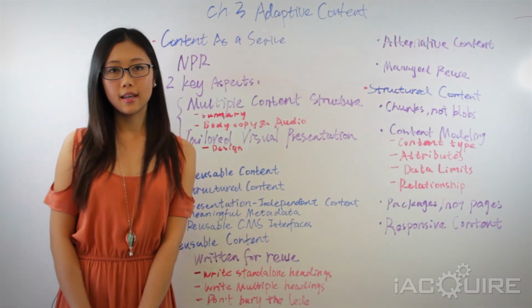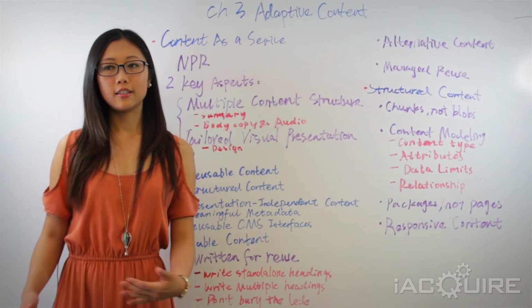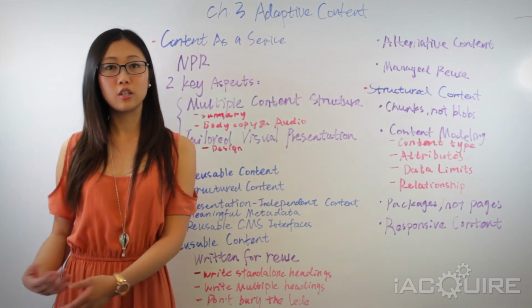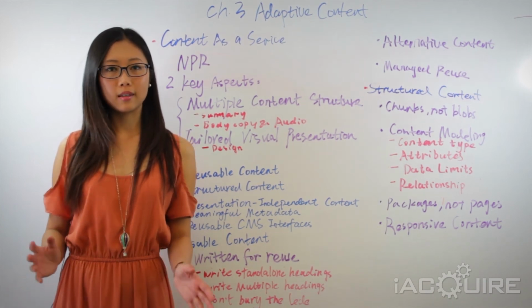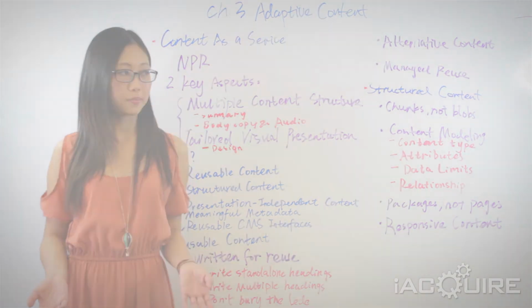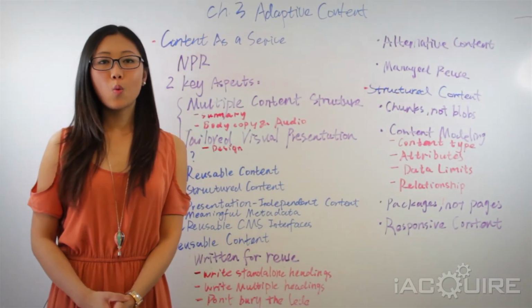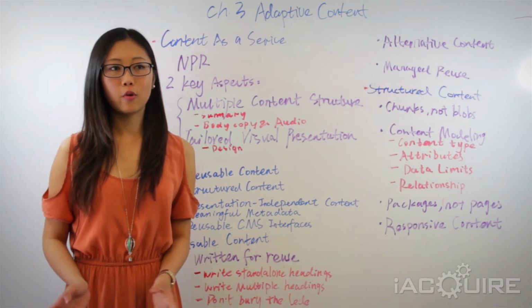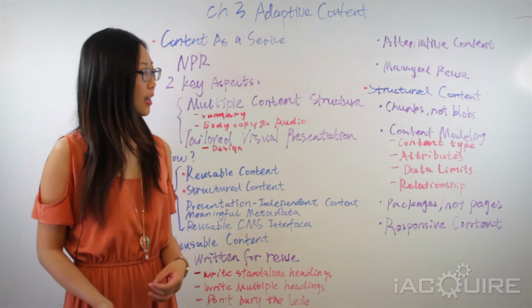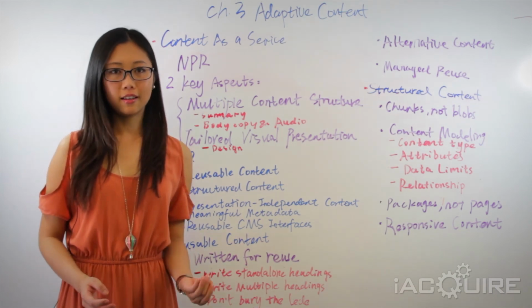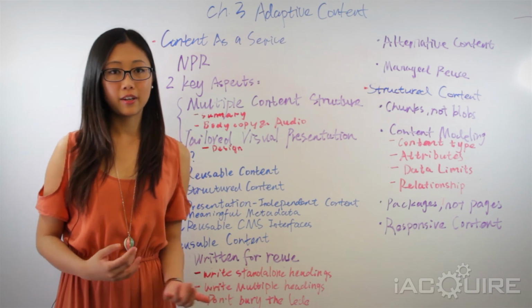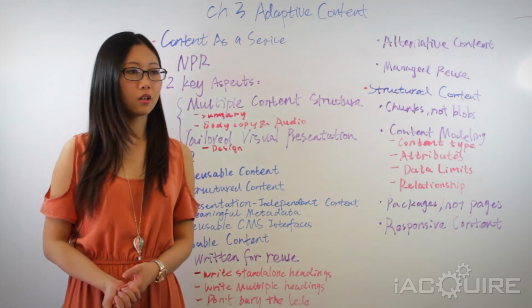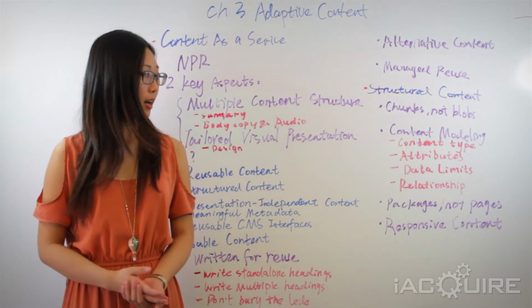So content type is like, is this content a recipe, or is it an intro for something? So make the content into different article types. And then attributes. Do we have all the headlines and other things for the different contents? And data limits are like date specification, or different limits for your different data.